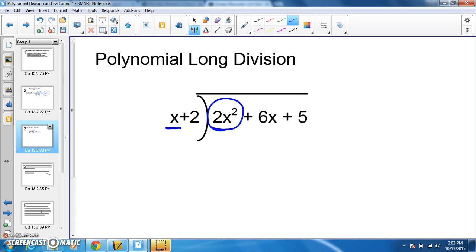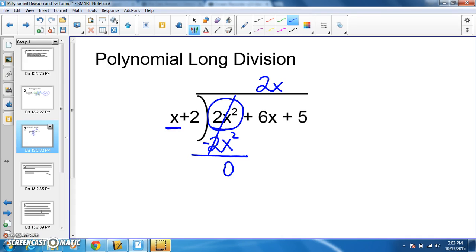So we think, what do we need to multiply x by to get 2x squared? And that would be a 2x. We're then going to multiply, just like we would in regular long division, 2x times x to get 2x squared, and subtract it. This cancels to get 0.